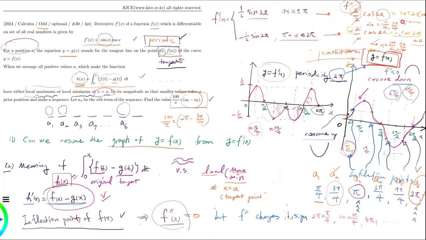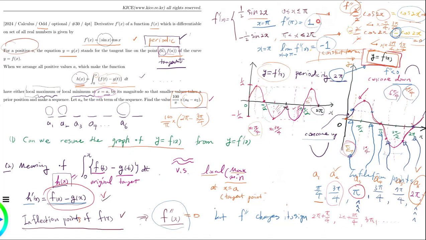For instance, when x equals pi, its second derivative in this case is 1 here. When x equals pi, let me take a limit. As x goes to pi minus, the second derivative of f, its value here, you see the minus sign, it's a negative 1.